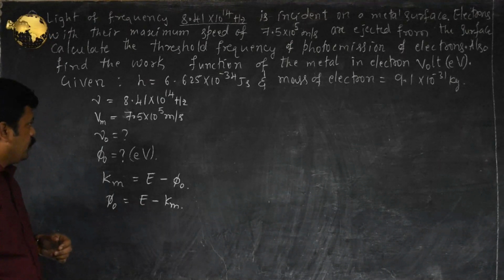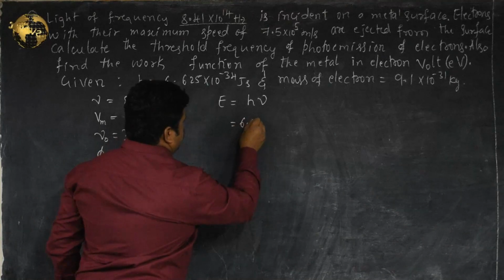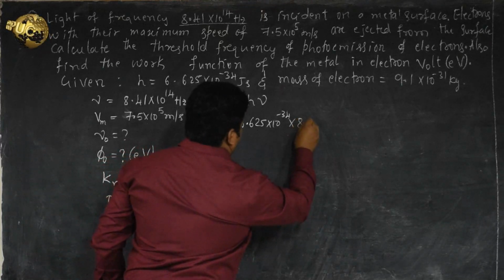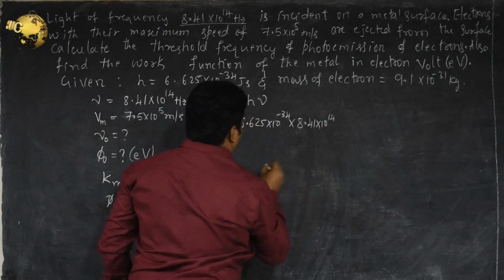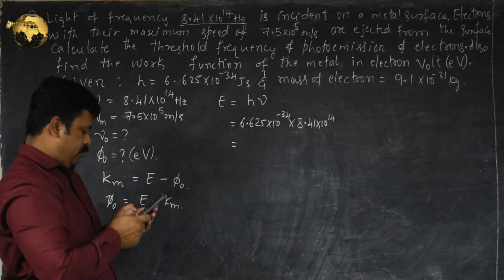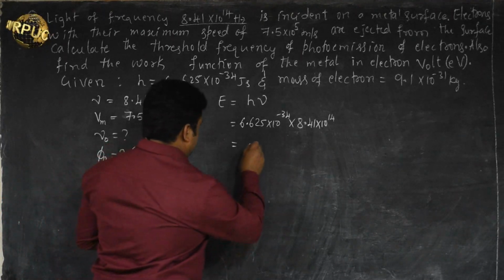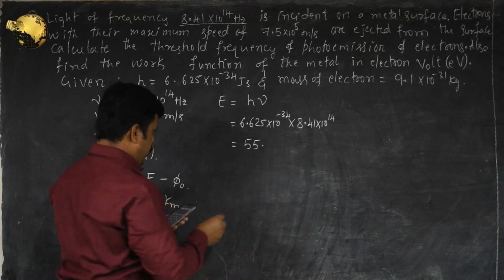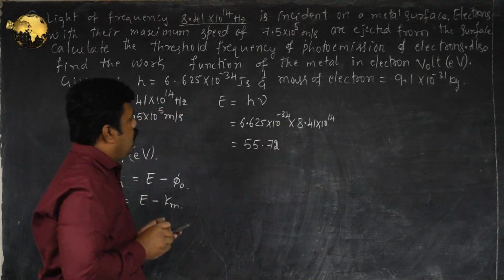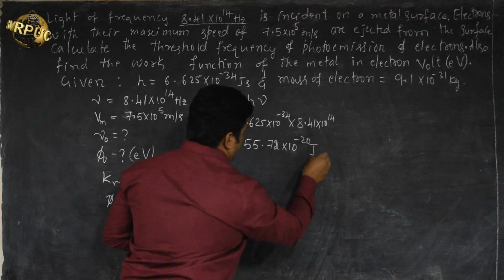So let's start with E. E is equal to h mu. h is 6.625 into 10 to the power minus 34 and 8.41 into 10 to the power 14 Hertz. 6.625 multiplied by 8.41 gives 55.72, and 10 to the power minus 34 plus 14 is 10 to the power minus 20 joules.